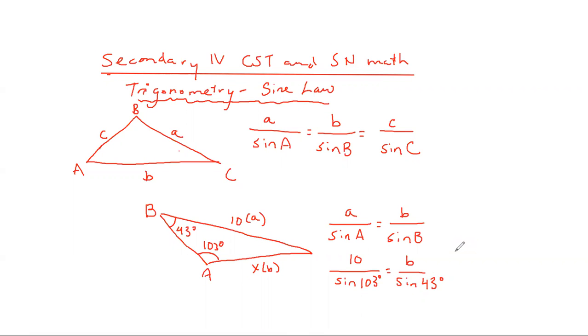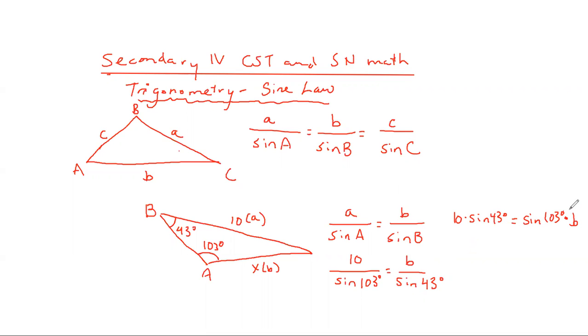So this is just a very simple setup of cross multiplication. If I were to cross multiply this, what I end up with is 10 times sine of 43 is equal to sine 103 times b.